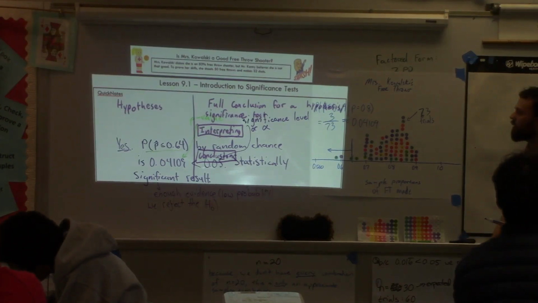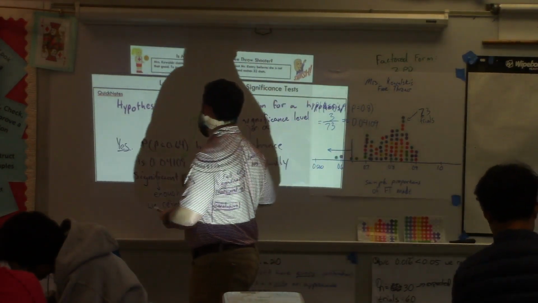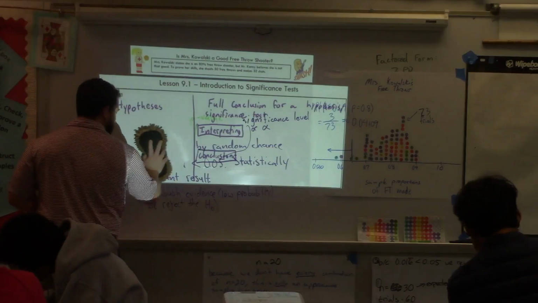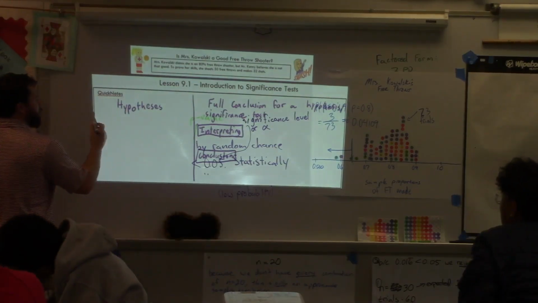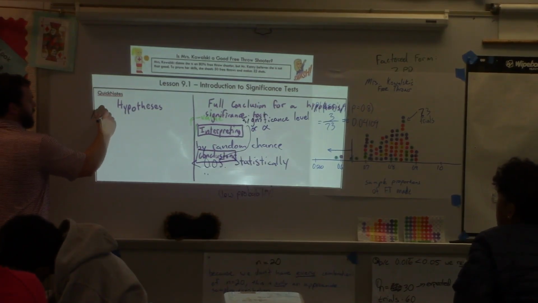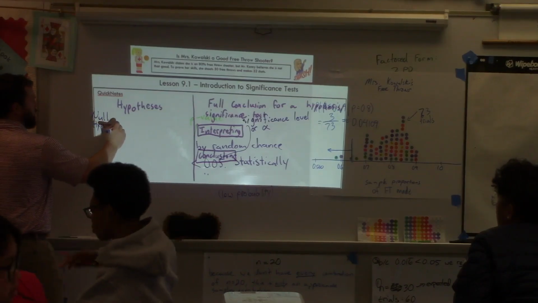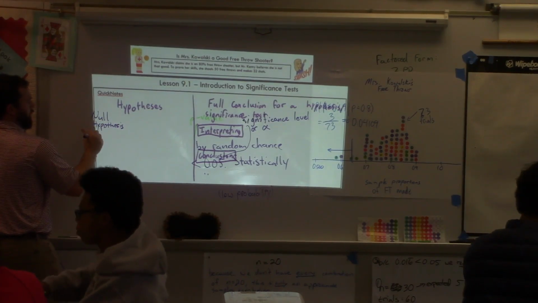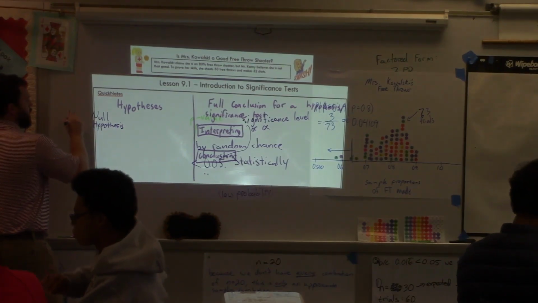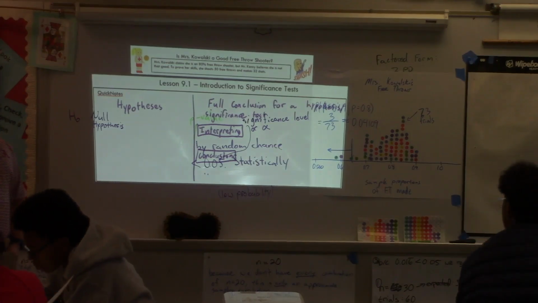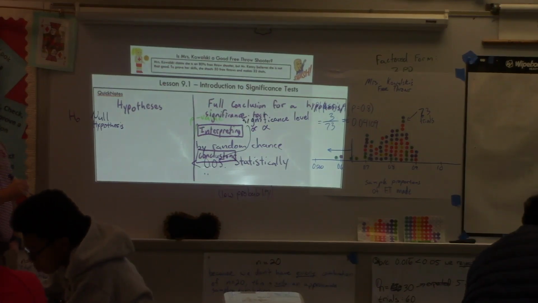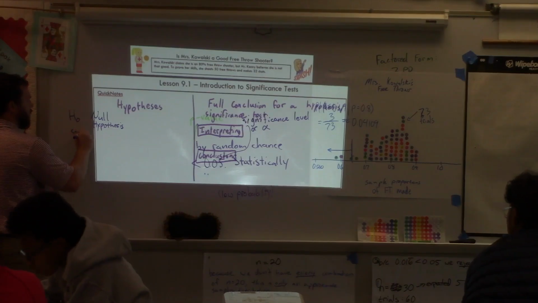All right, hypotheses. When it comes to our hypotheses, remember there is a null hypothesis. These are quick notes. The null hypothesis, I need you to pay attention to this, is always a statement of equality.